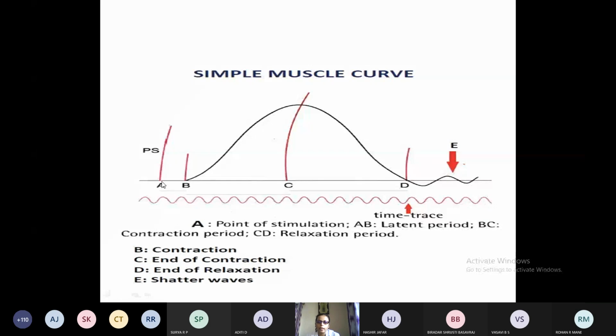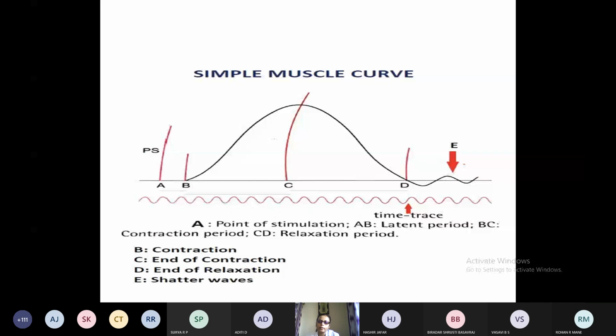You are very well aware that any muscle will not be activated unless you give the threshold stimulus. So always remember that the threshold stimulus is a must. Threshold, supra-threshold, supramaximal, these are the different characters of the stimulus.